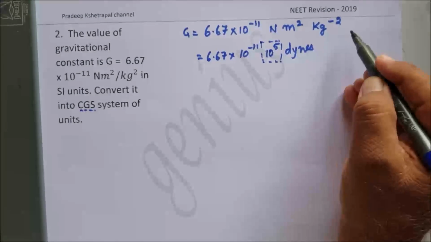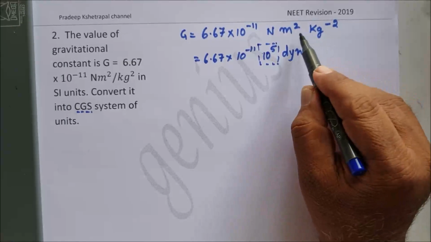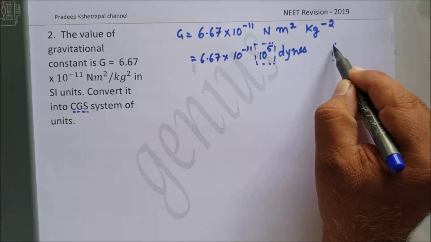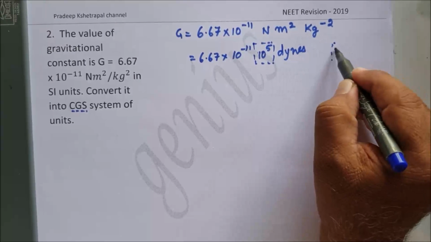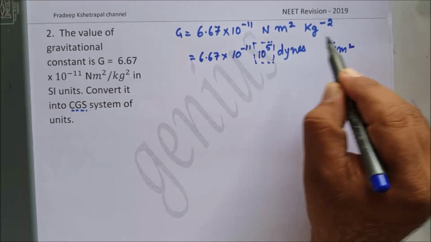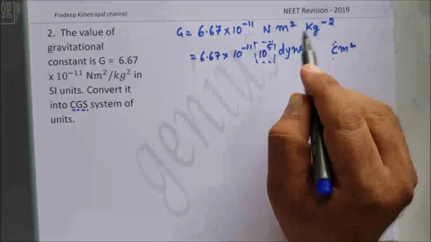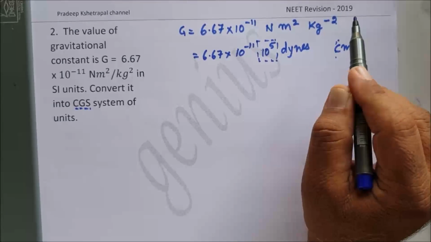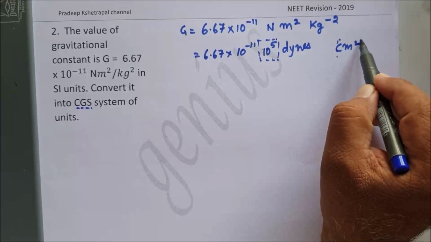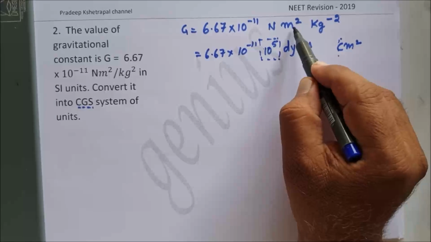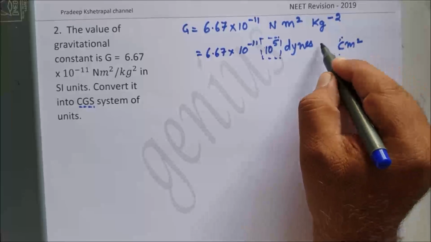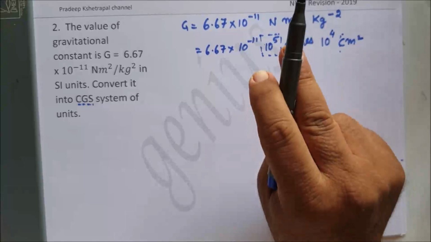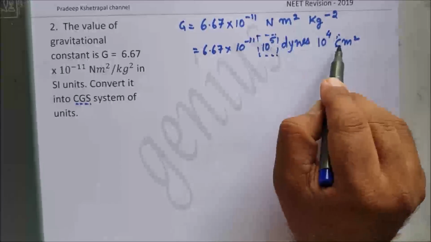Now meter square. In place of meter square, I should write centimeter square. So how much is centimeter square? 1 meter is equal to 100 centimeter, that is 10 to the power 2 centimeter.